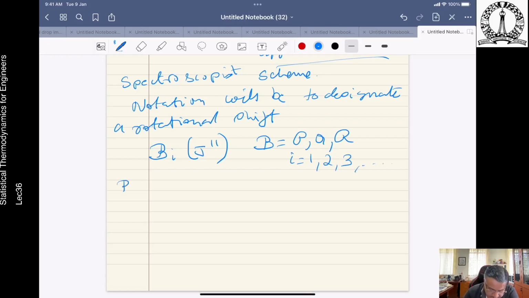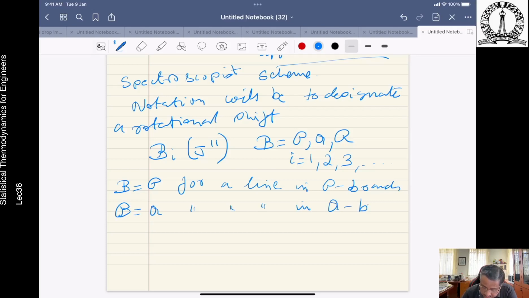So P is for a line in the P branch, Q for a line in the Q branch, which we already saw, and R for a line in the R branch.